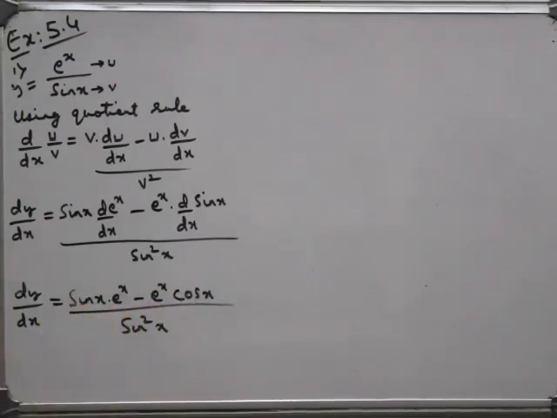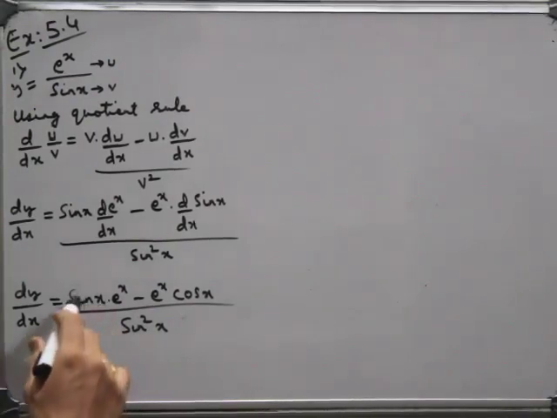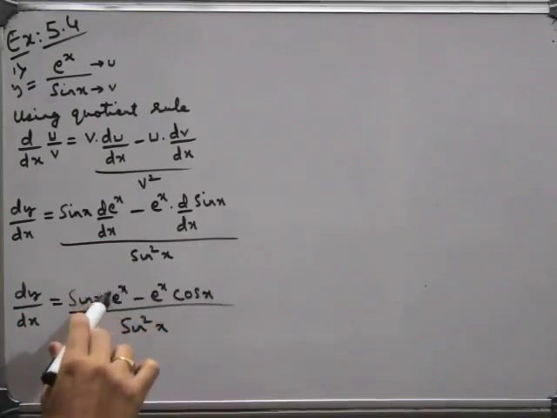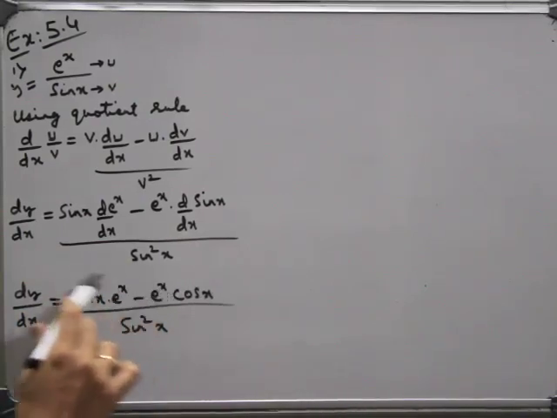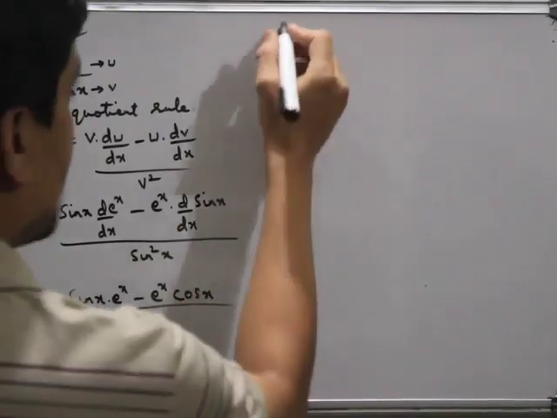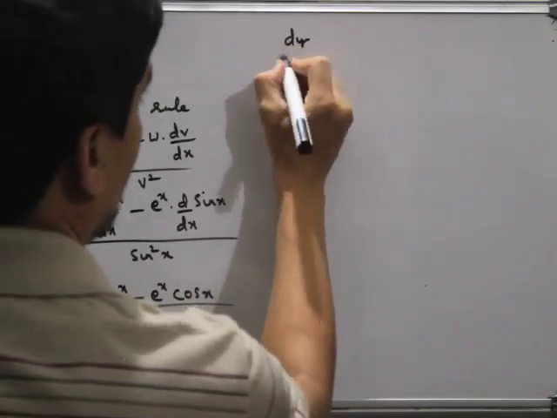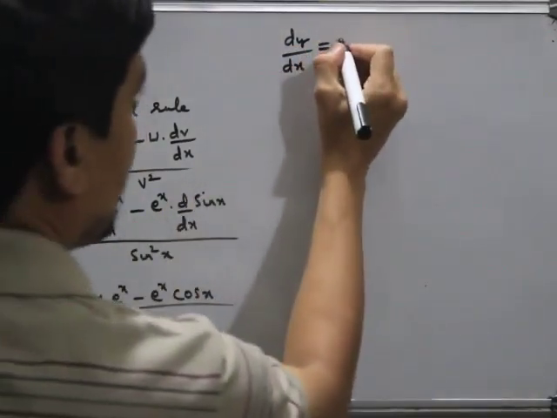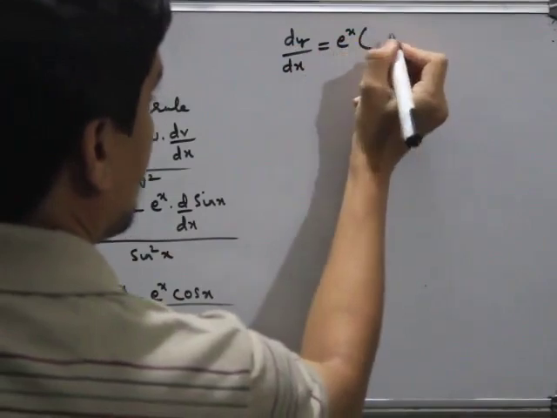Now in the numerator, the differentiation part is over. Now you have to simplify and write the answer. It is very simple here. You can clearly see there is e power x as a common term. So write it as a common term. Your simplification is also over. dy by dx is equal to, let's take out e to the power of x outside as common term.